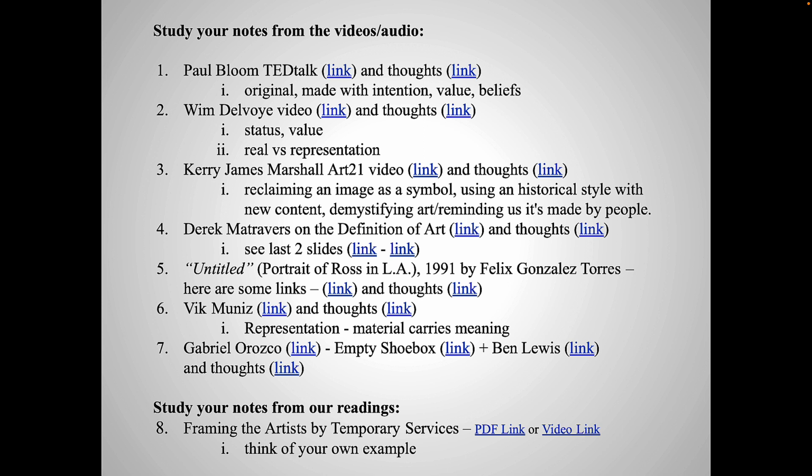But the Portrait of Ross, the pile of candy, is supposed to represent the weight of his dead lover, and then taking that a step farther and thinking really about maintenance and its relationship to institutions. For one, the institution, the museum, right?